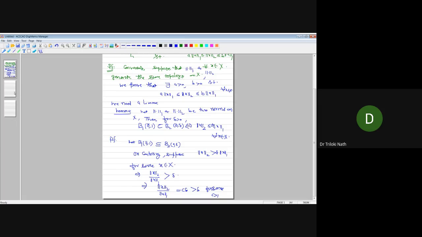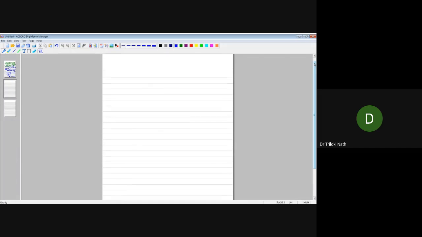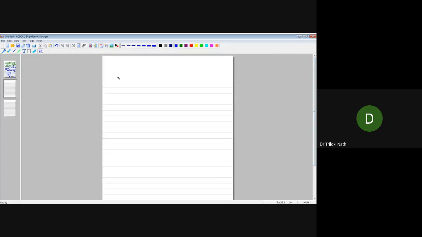Now go to the next page. So c will play an important role. Let us suppose that y is x upon norm x1.